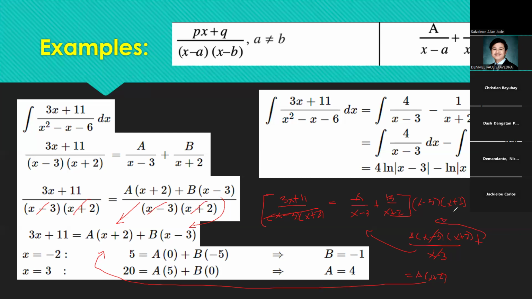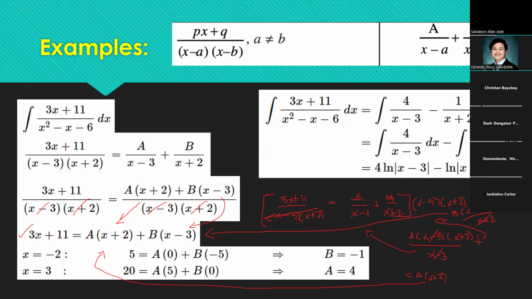Plus B times x minus 3 times x plus 2 over x plus 2. So of course, this would cancel out x plus 2 and then retaining the B times x minus 3, which is now this one. Nakuha? So step na to.